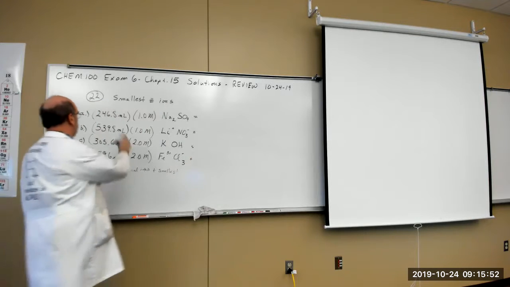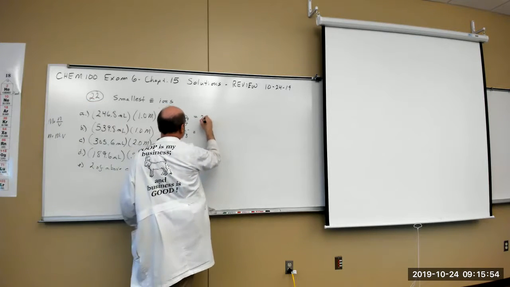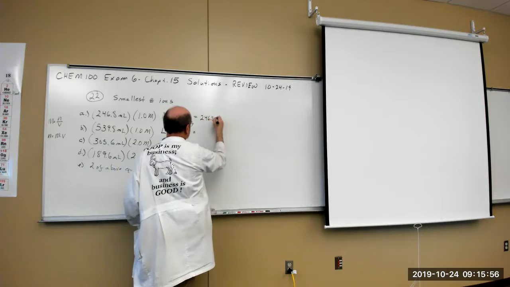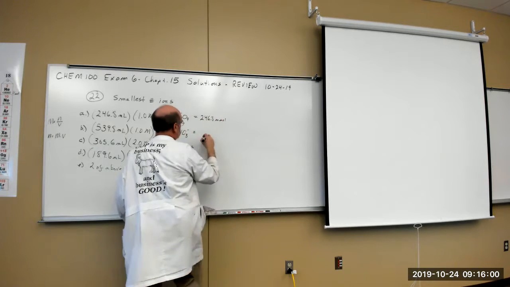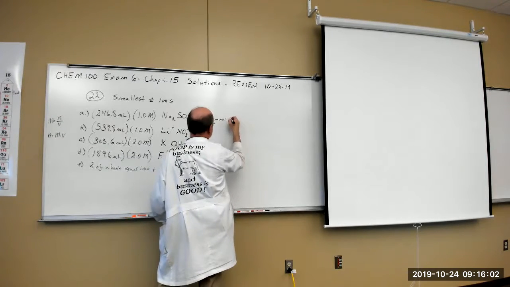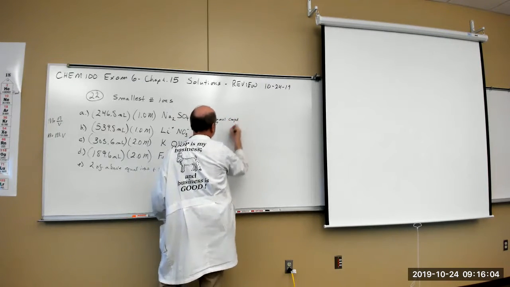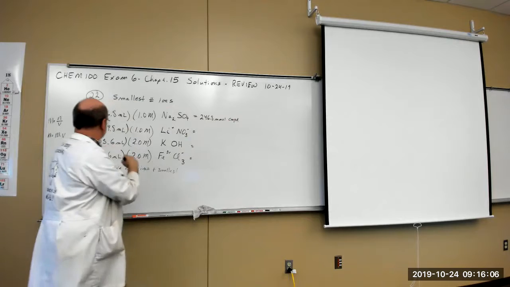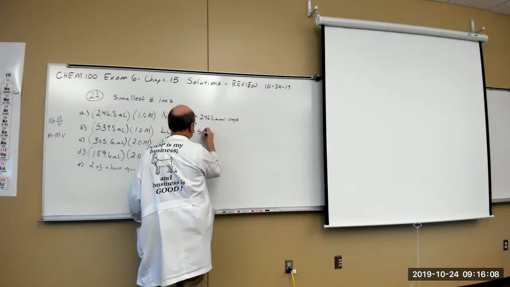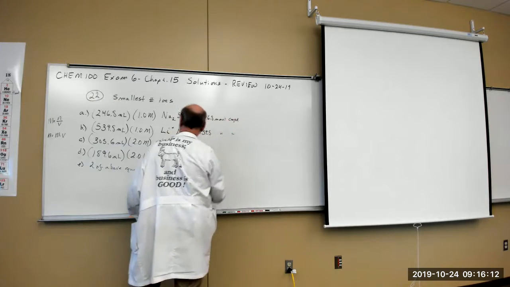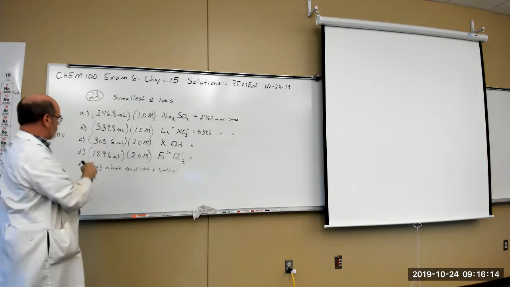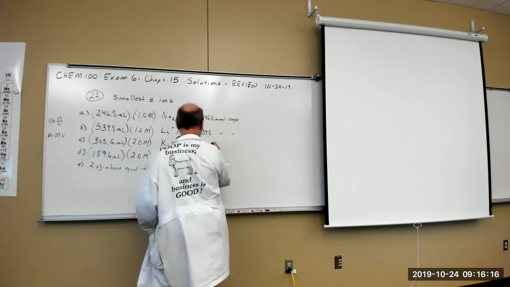Right. So 1 is 246.8 millimoles of compound. And this one is 539.8, 39.8 millimoles of compound. This one is 2 times that. Let's see if I can do that one in my head.